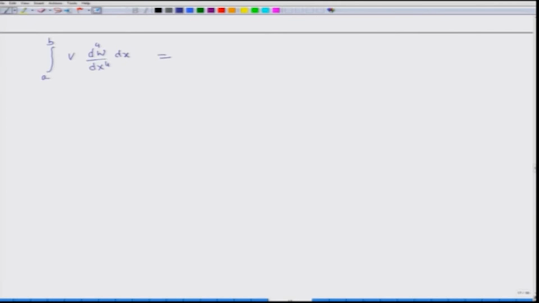So this I can express it as A to B. So here weight function is V, W is the unknown function. So V W prime prime prime prime dx, and let us say that W prime prime I call it as U, okay.